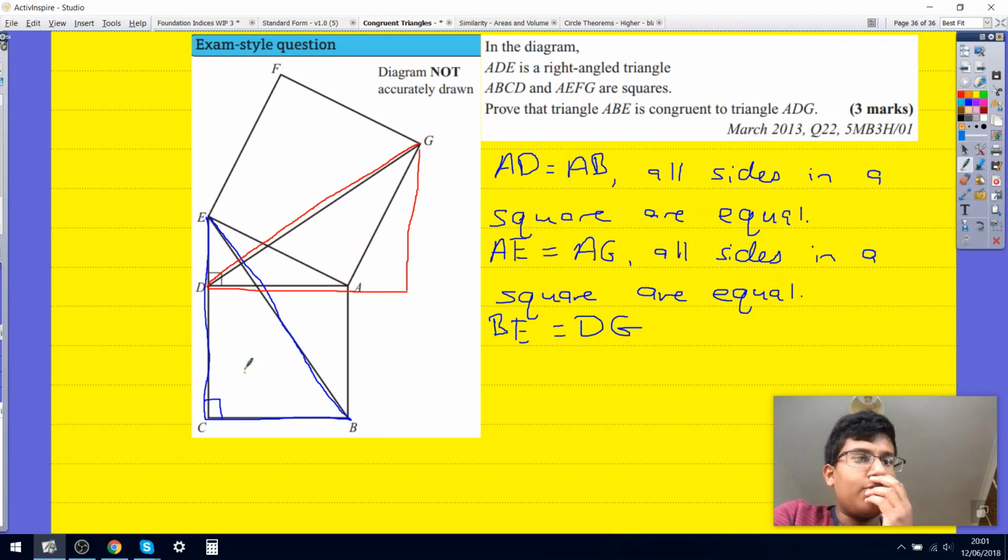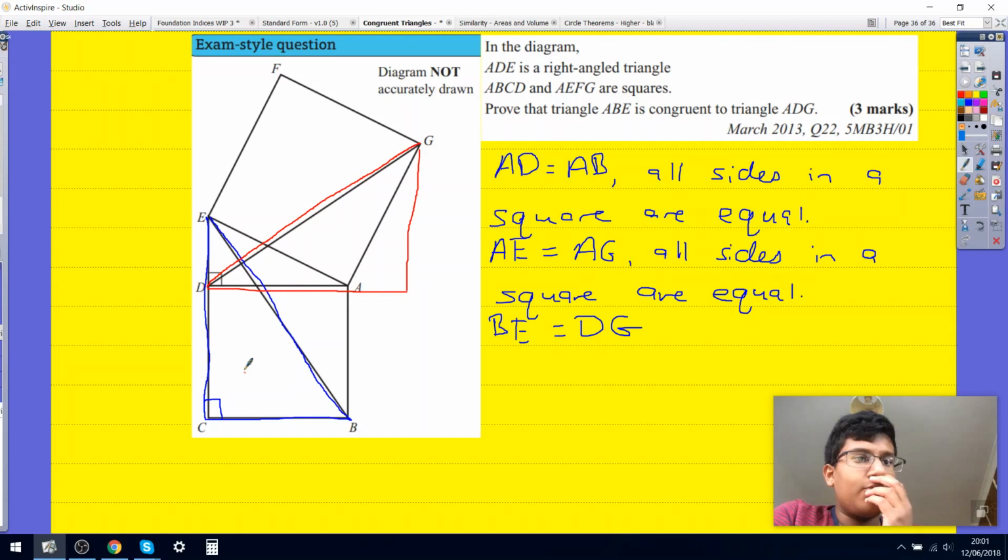EC squared plus CB squared equals EB squared. BC is equal to DA, so you could sub that in. DA and CB are the same, and we're trying to get EB.